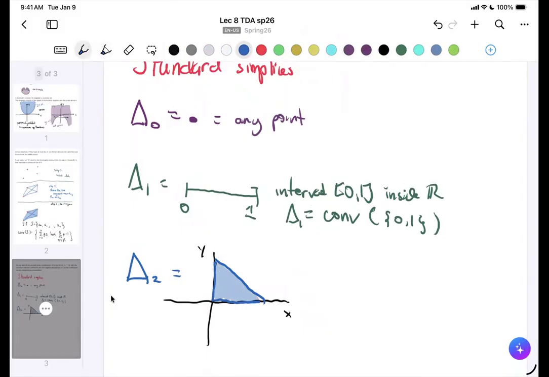And the vertices are (0, 0), (1, 0), and (0, 1). So you can think of it as the convex hull of the origin together with the standard basis vectors E1 and E2. That's one way to write it down.